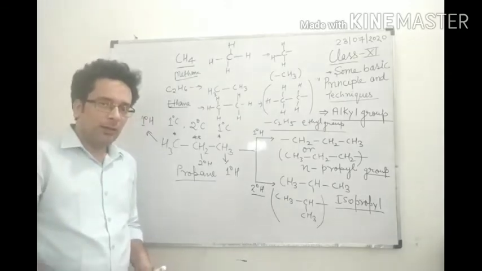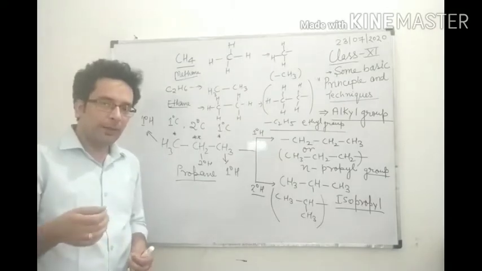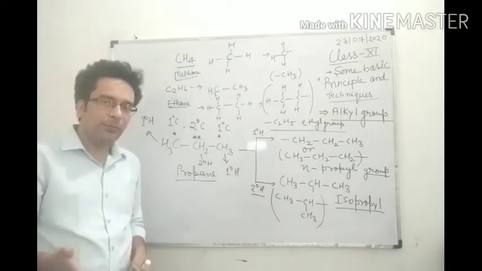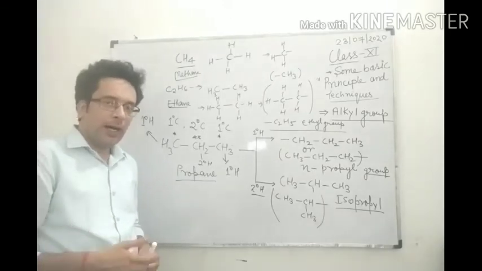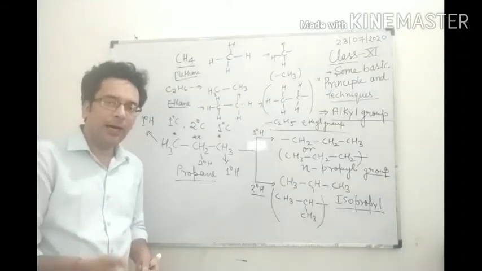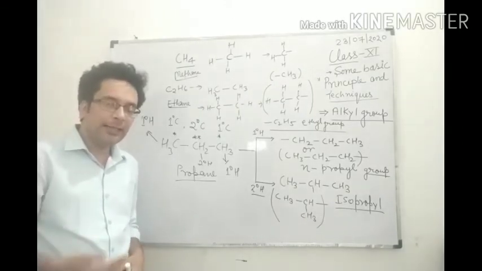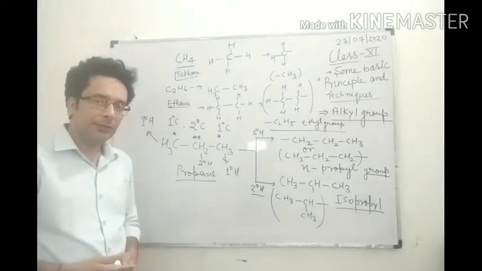That is, in propane we remove hydrogen from primary carbon and secondary carbon. In other words, propane contains different types of hydrogen atom. That is why it gives two types of alkyl groups.